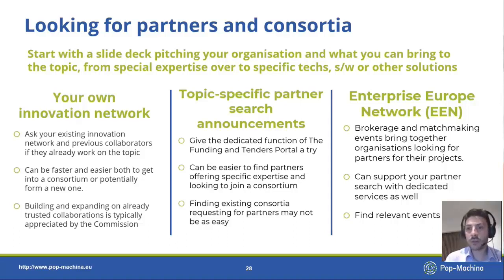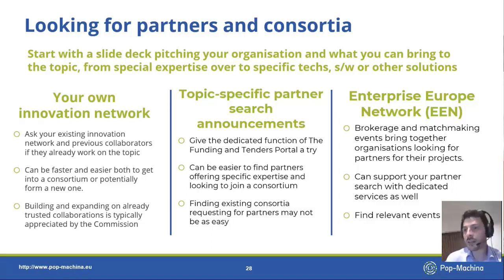Obviously, having your own innovation network is not a common thing. It's not a given that every organization will have its own innovation network, especially if we're starting up, then it might be non-existent at all. So another way to approach this networking process is to go through the topic-specific partner search announcements.